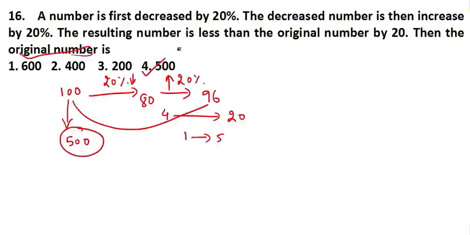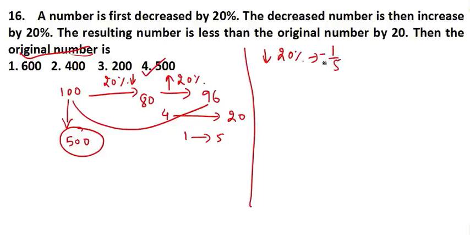Here, how to do it with a different approach? Anyone can tell me? Wait, let me tell you. See, first it got decreased by 20%, which means 1 by 5.